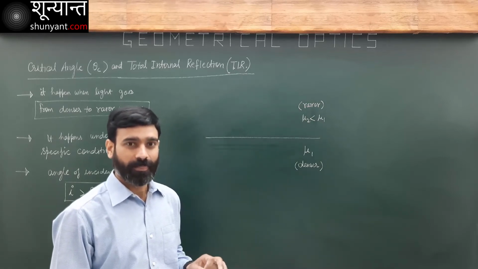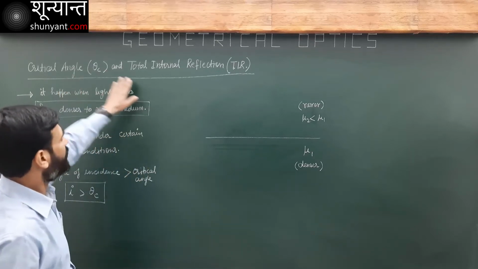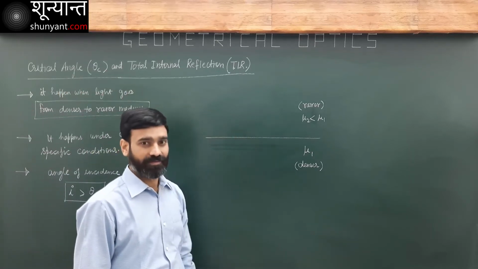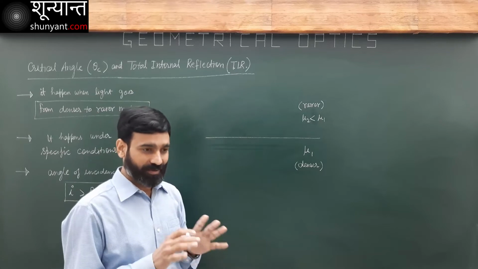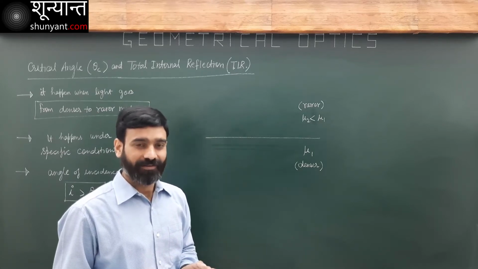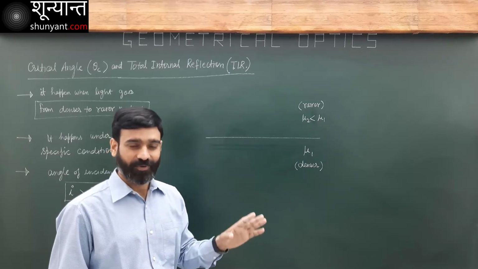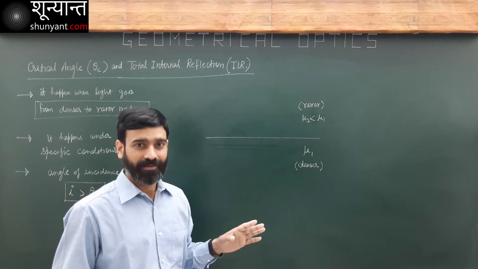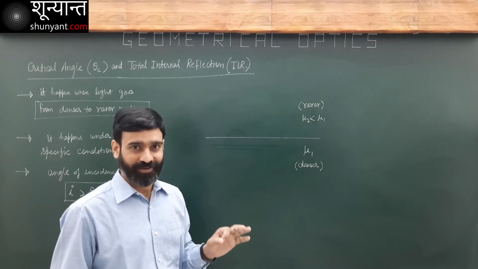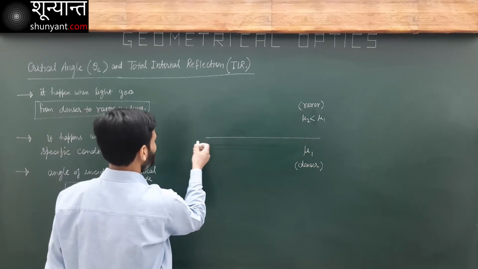We are going to understand this critical angle and total internal reflection. You also try to understand it very carefully. It is very simple. You understand it once, you understand it for your lifetime. You are never going to forget it, provided you understand it the first time.